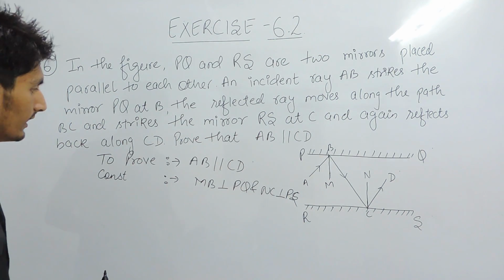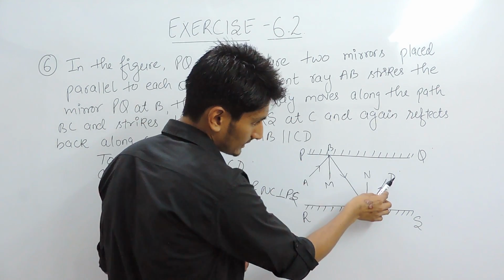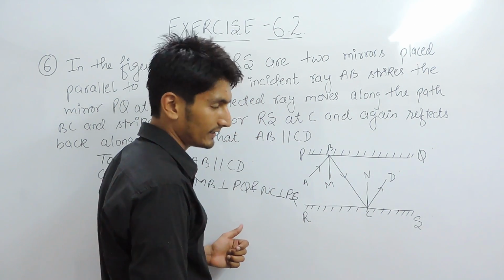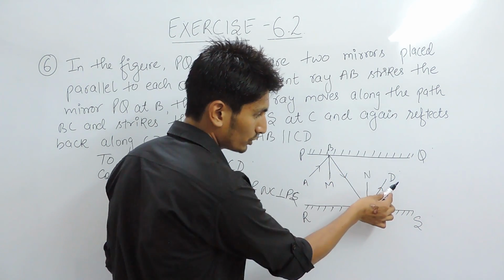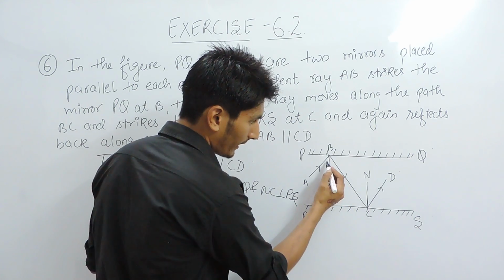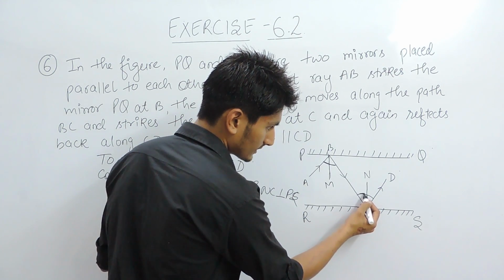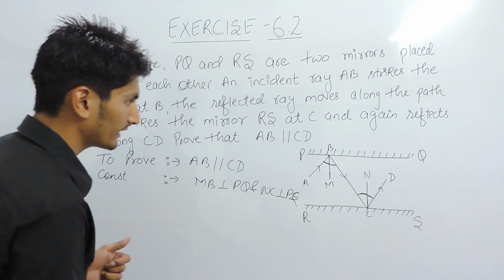To solve this, let's suppose that AB is parallel to CD. Obviously, if these two lines are parallel, then this angle must be equal to this angle. These are two alternate angles.